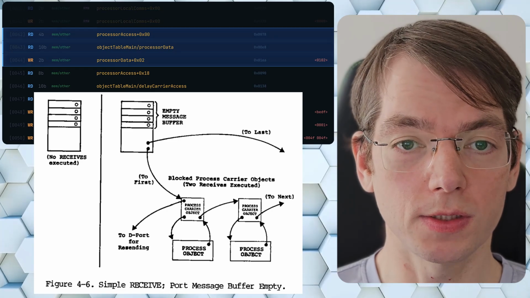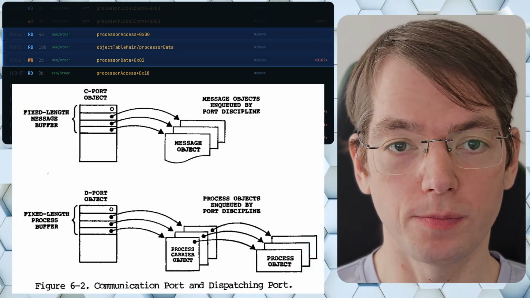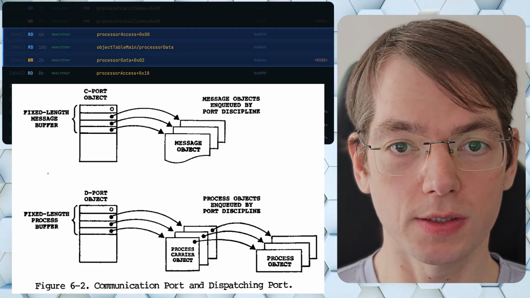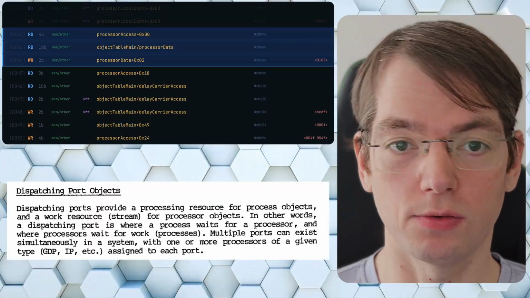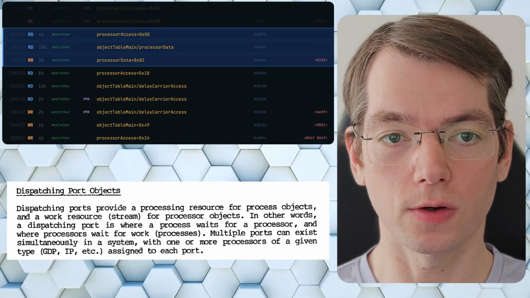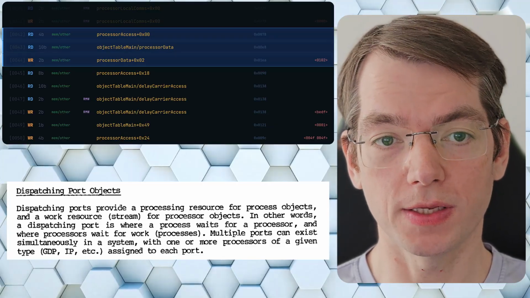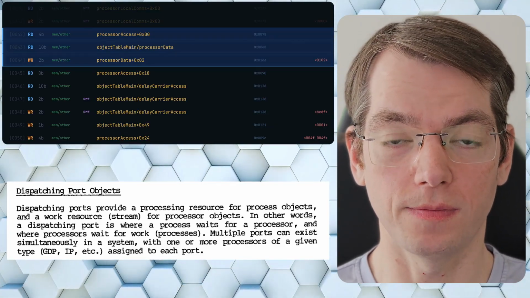Internally, the port holds either waiting messages or waiting consumers. For dispatching ports, messages are enabled processes and consumers are idle processors. The GDP automatically tries to match them. If no work is available, processors wait in the queue. If all processors are busy, then processes wait.